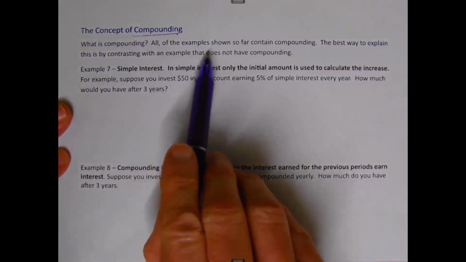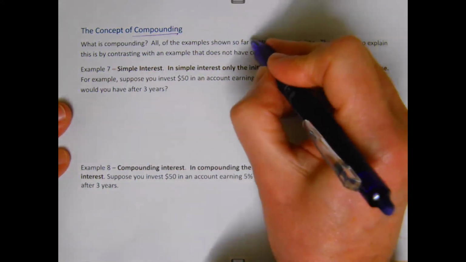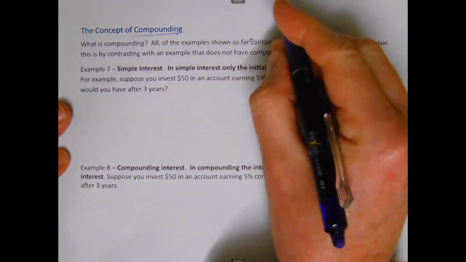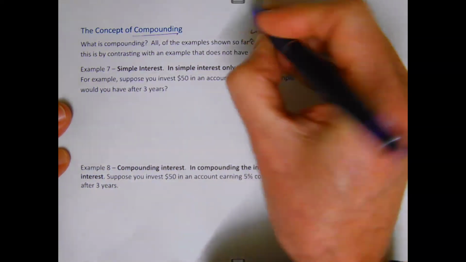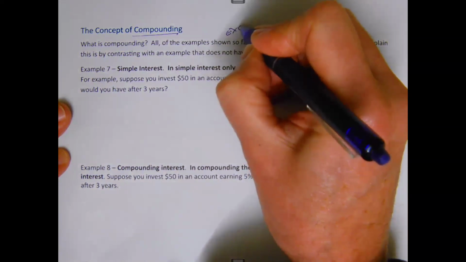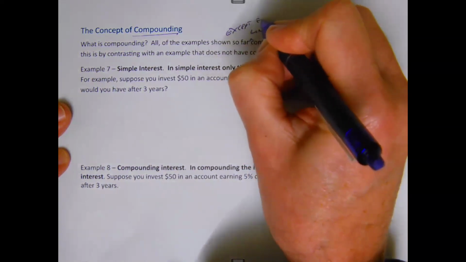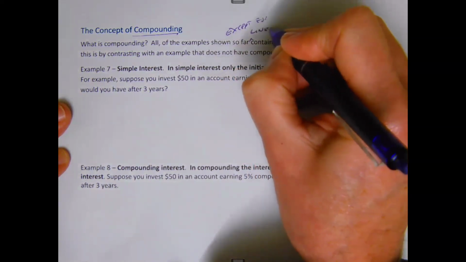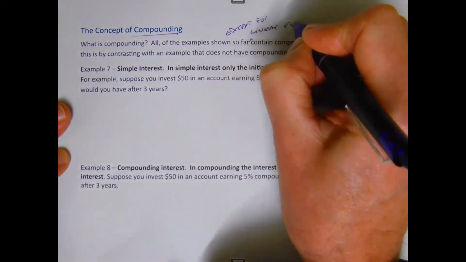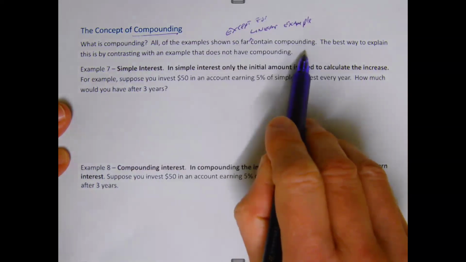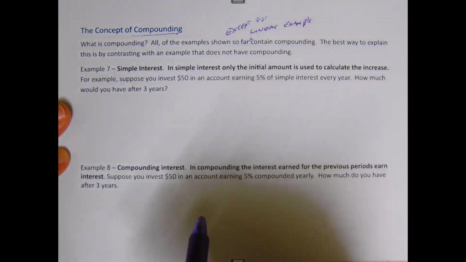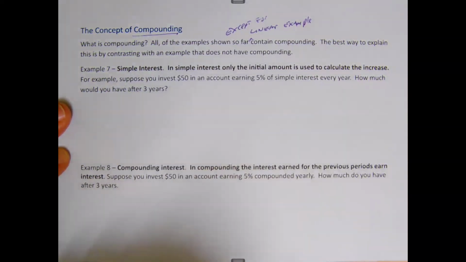All the examples shown so far, except for the linear one, contain compounding. The best way to explain this is by contrasting with an example that does not have compounding.